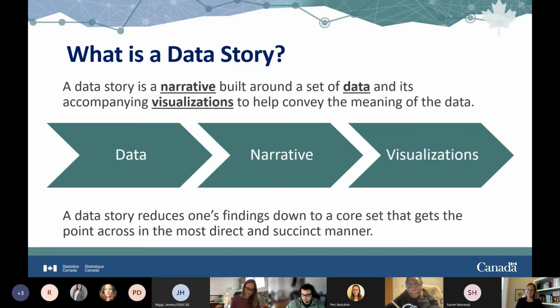A data story is a narrative built around a set of data, a set of tables, and accompanying visualizations to help convey the meaning of the data. A data story has 3 components: data, a narrative, and visualizations.